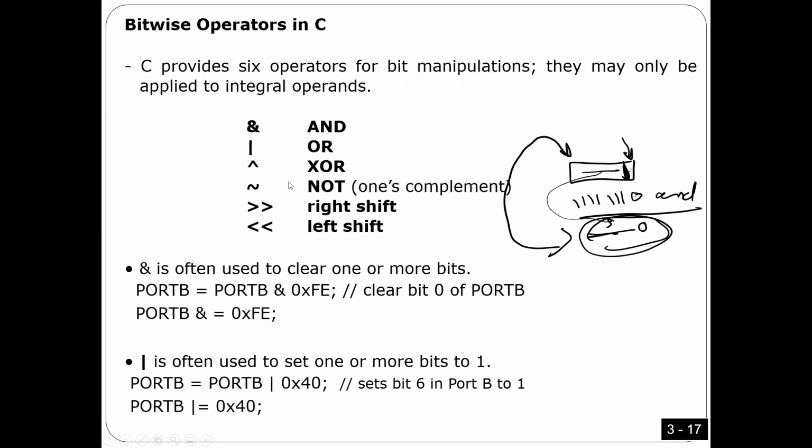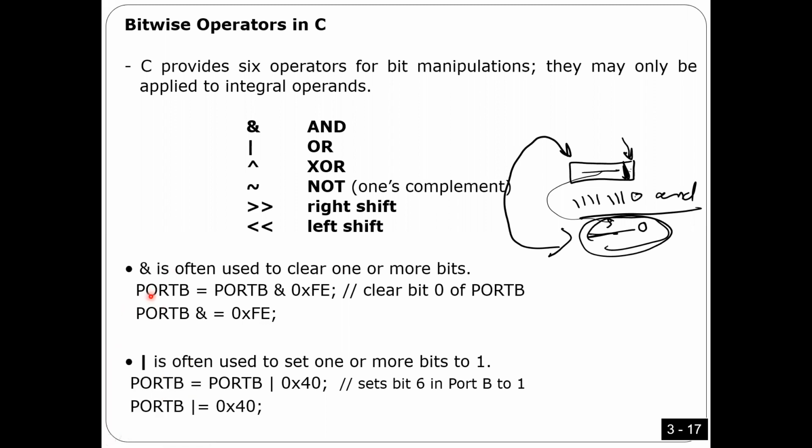So that's what you are going to do if you want to turn the LED off: you have to clear this bit. And that's what I did here. Look here, guys. I said PORTB, and yes, in C language you can use the same names of ports and data direction registers. You don't need to define them; they're already there.